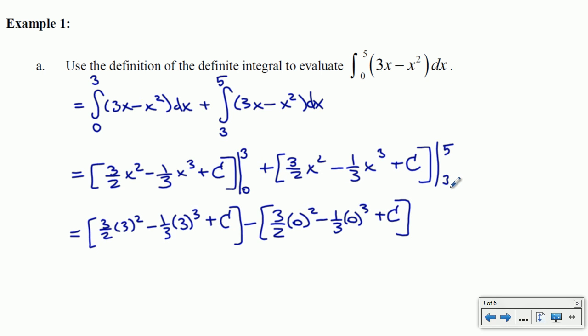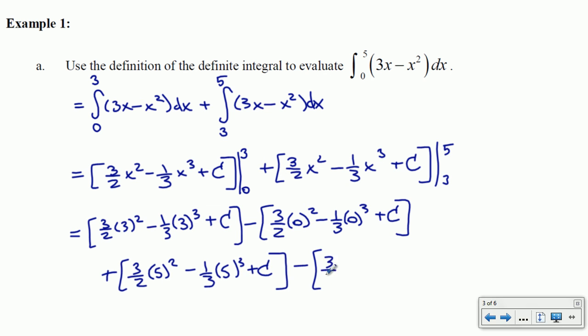And we need to add this bit as well. So we will go plus 3/2 times 5 squared minus 1/3 times 5 cubed plus c, and we would subtract 3/2 times 3 squared minus 1/3 times 3 cubed plus c.